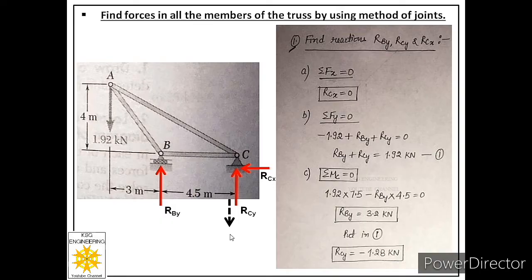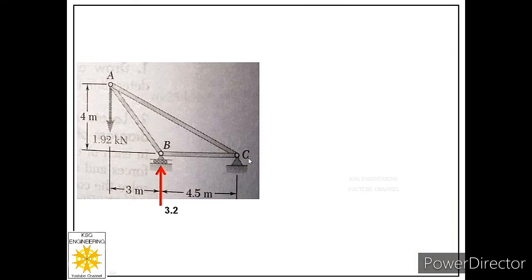Okay, so from here we have concluded that RCY is acting in downward direction, RBY is acting in upward direction, and we have found their magnitudes also, and RCX is 0, so it is not acting at joint C. So we will label RBY as 3.2 with its magnitude, and we will show RCY in downward direction and label its magnitude, and we will not show RCX because its value is 0.